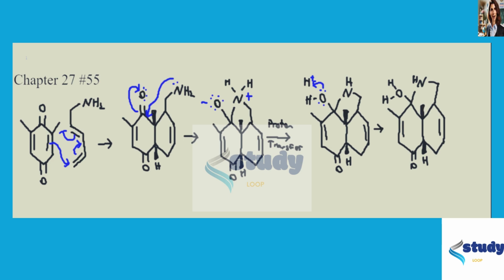Okay, and so now this oxygen's been protonated, so it's going to have a positive charge. And so the nitrogen, the lone pair on the nitrogen, can add in here, and simultaneously, this oxygen with its two hydrogens can take off as a water.